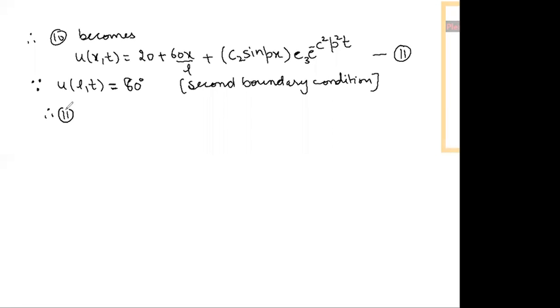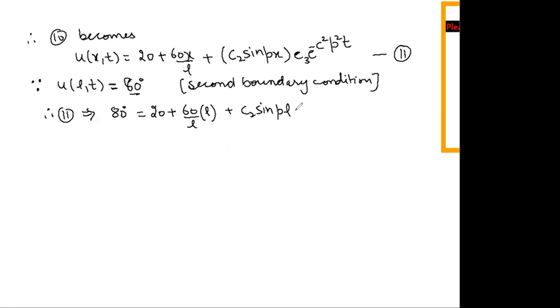Therefore equation 11 implies, now what we have to do is put x equal to L in the whole equation. It will be u(L,t), and what is the value of u(L,t)? This is 80 degrees. It is equal to 20 plus 60 by L into L. The value of x is L.